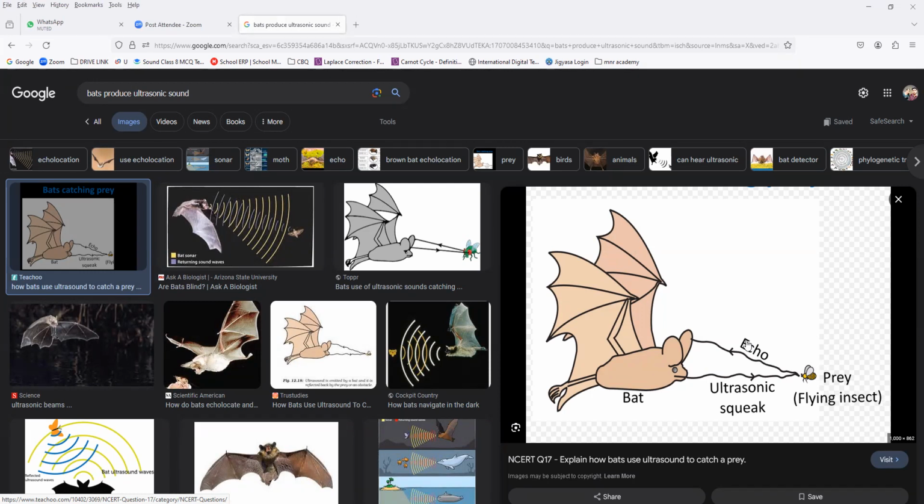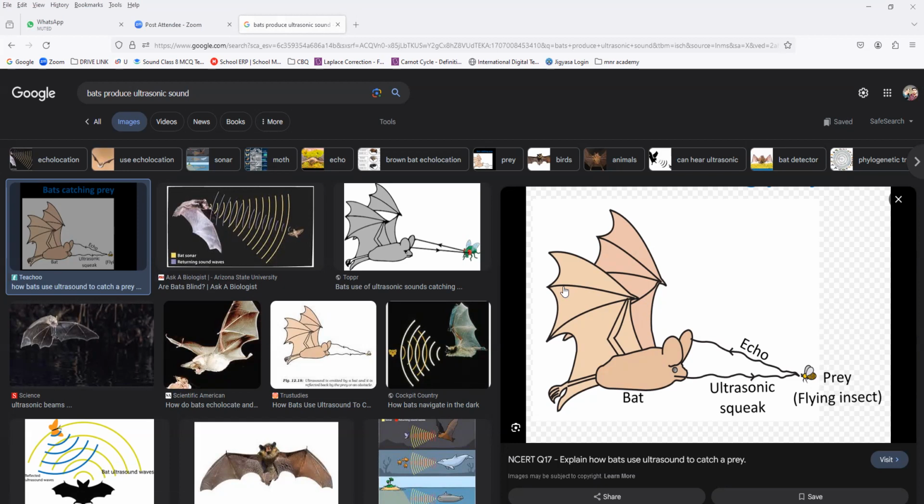The nature and the location of the prey, as well as the time taken between emitting and reflecting back of the ultrasonic waves, give an idea about the position of the prey. All of this takes place inside its brain within a fraction of a second.